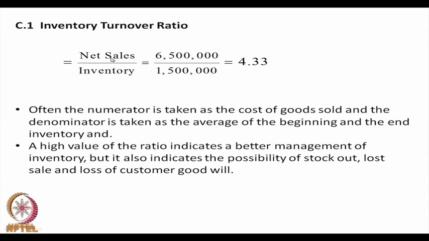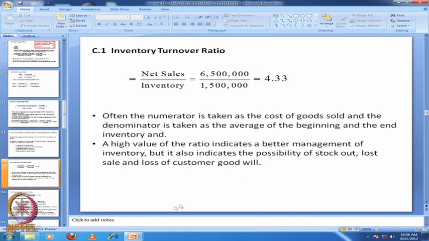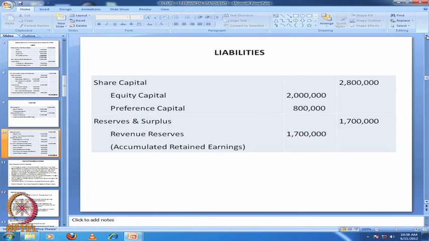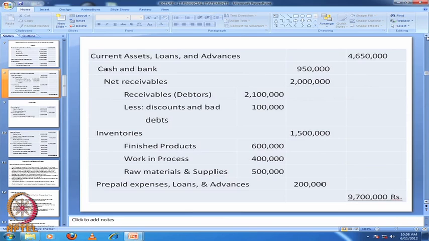So, instead of net sales, quite often COGS is taken, and inventory is calculated not at the end of the year inventory level. We have taken here the end of the year inventory level as it appeared in the balance sheet. For example, look at the balance sheet. Inventories, it was 1,500,000, but this is only the end of the year inventory.